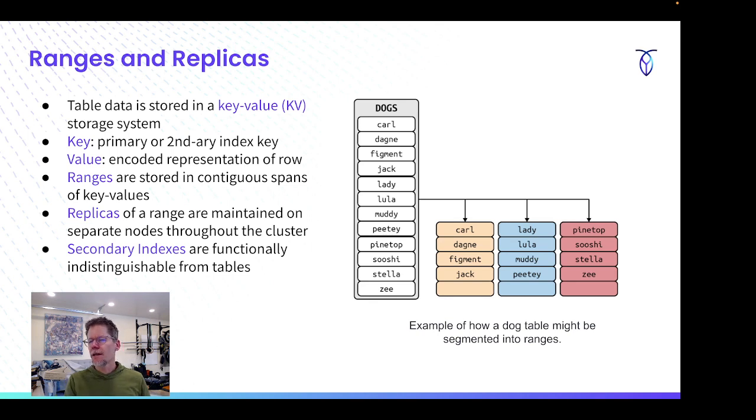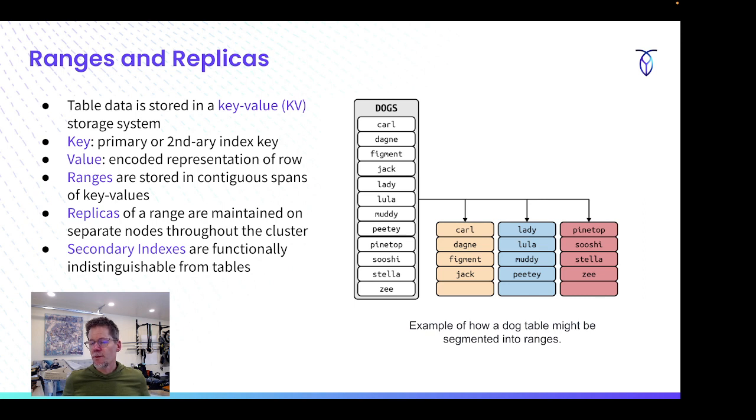And then just digging a little bit further into ranges and replicas. So table data is stored in a key value storage system. We'll go into a little detail on what those keys look like and what the values look like. But the key is typically like a primary or secondary index key. And then the value depends on whether it's a primary or a secondary index. For example, on the primary index, the value would be an encoded representation of the row.